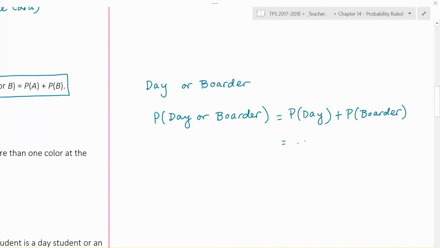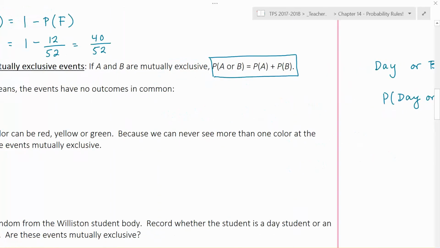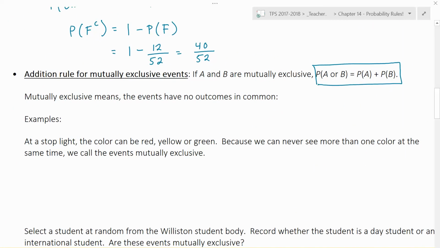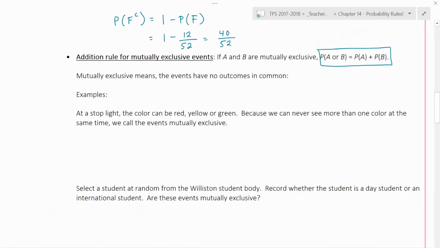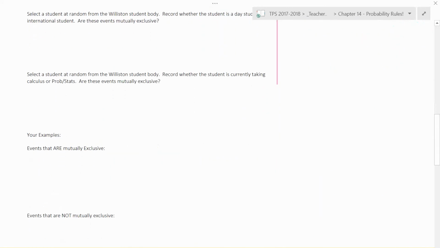I'm going to just guess at those probabilities. I could think of them as percentages, or I could think of them as proportions, and those would have to add up to 1. So that's how we use the addition rule for mutually exclusive events. We add probabilities. The next video will go over some examples.